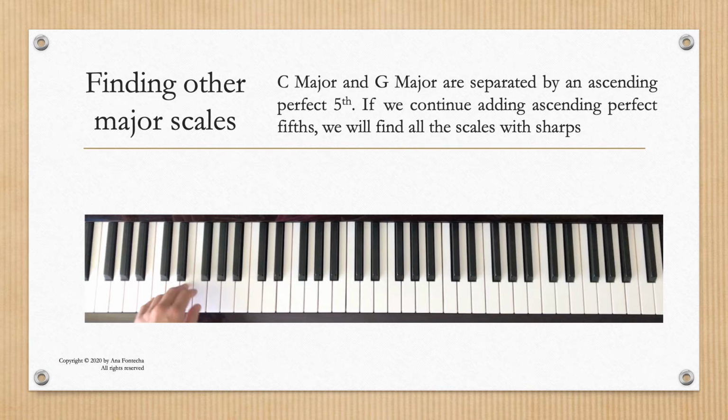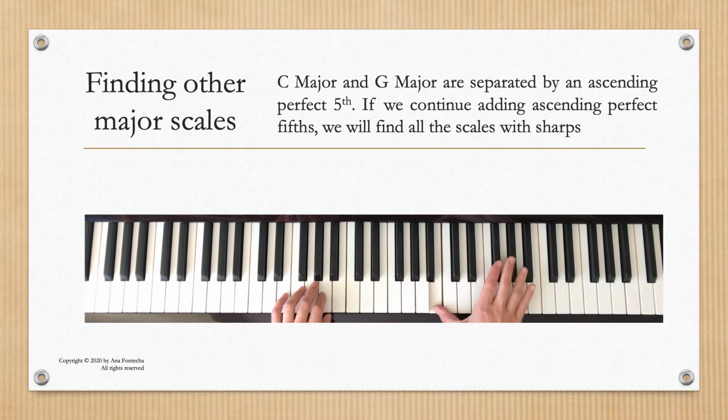If we continue adding ascending perfect fifths, we will find all the scales with sharps up to 7 sharps, which is C sharp major. C, G, D, A, E, B, F sharp, C sharp.